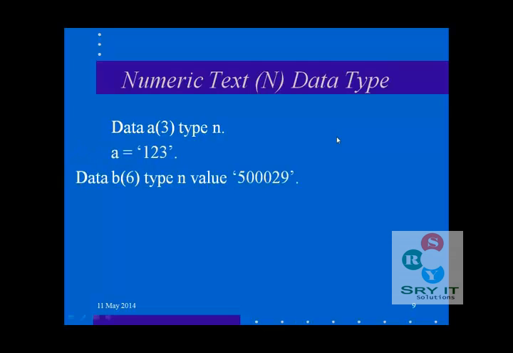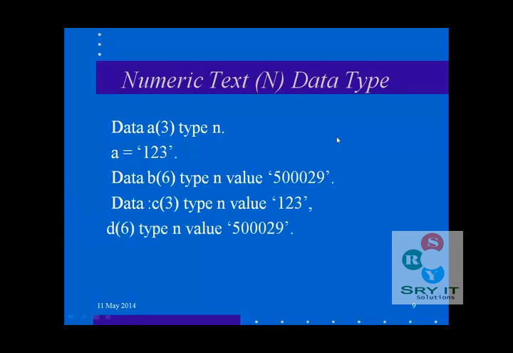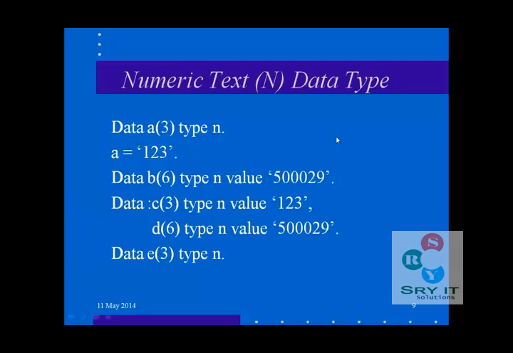Now, we are discussing the numeric text, which is a numeric data type. For example, DATA A5 TYPE N; for numeric you can declare the size with type N. And this is the assigning operator: A = 123. This is one example.